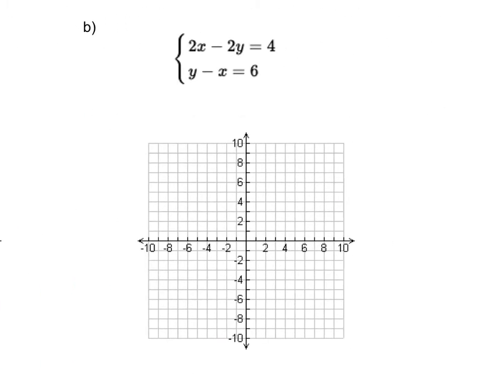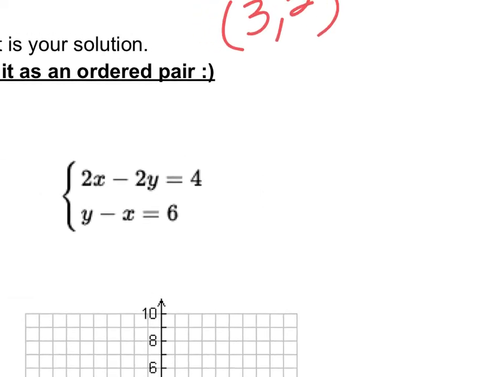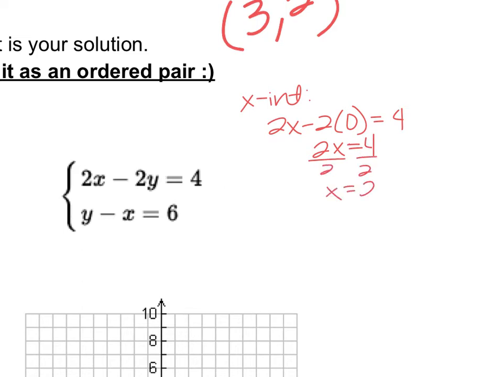Okay, next one. There's a few different ways to graph this first one. Let's just do the good old-fashioned finding the intercepts. And again, I'm doing the top formula. So the x-intercept is when y equals 0. Right, so that would be 2x equals 4. So then your x value is +2.